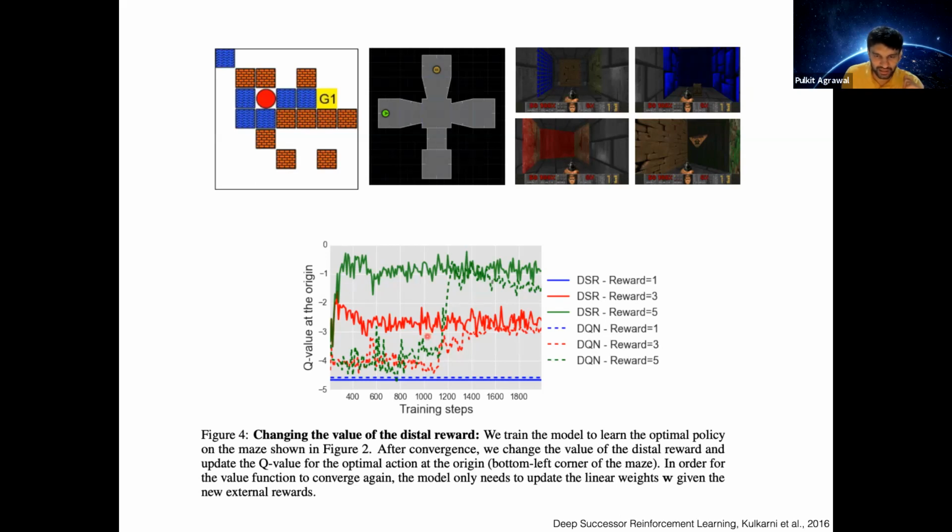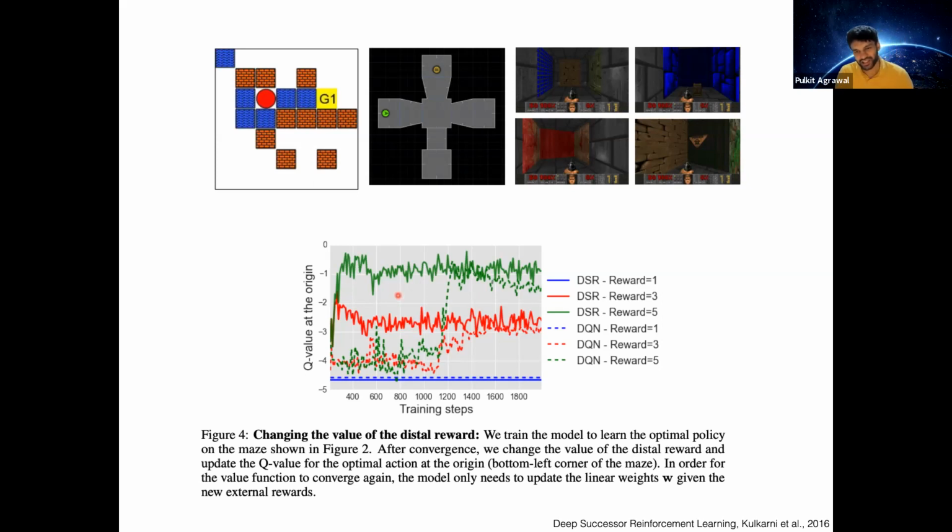And I think the main takeaway over here is, if you look at DQN, which is in the dashed line, and then we have successor representations in the solid lines.